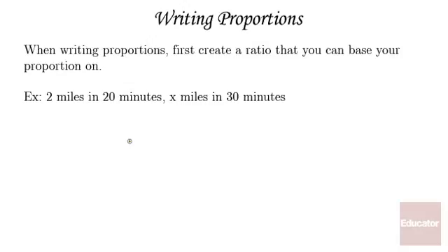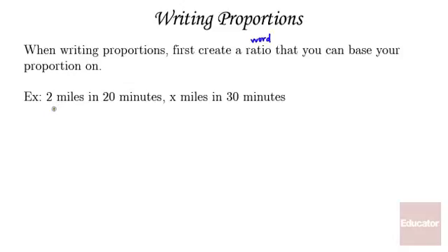I like to call it a word ratio, because you're going to look at what you have and then create a word ratio, meaning a part to a part. So you're going to find out what you're going to leave on the top and what you're going to put on the bottom of your ratio.